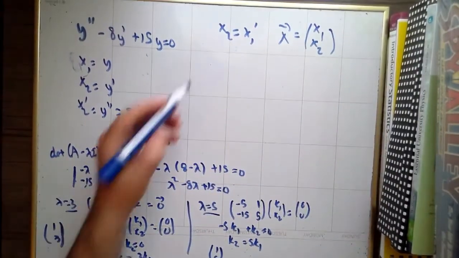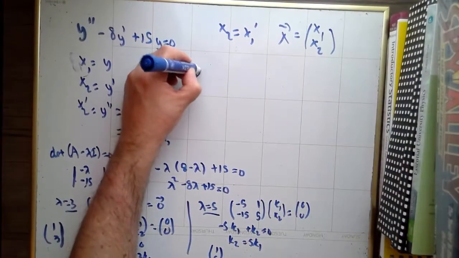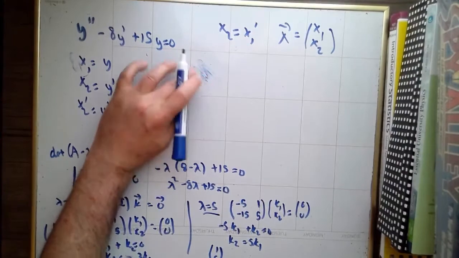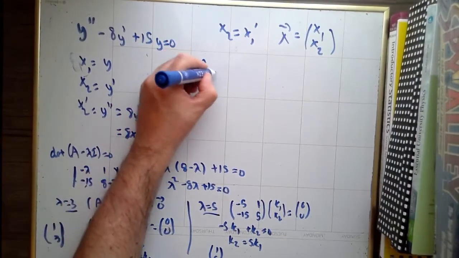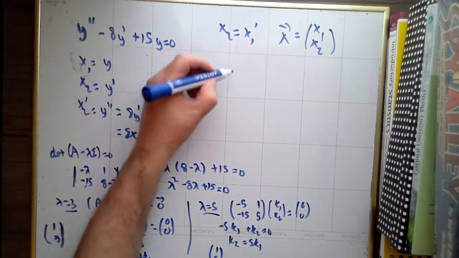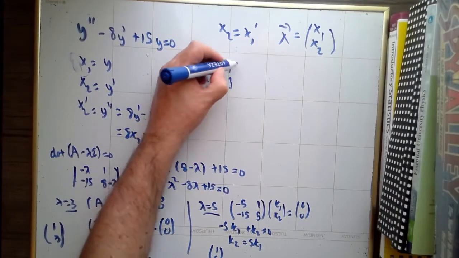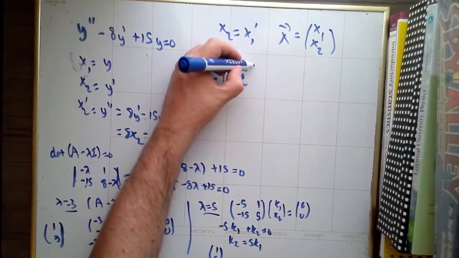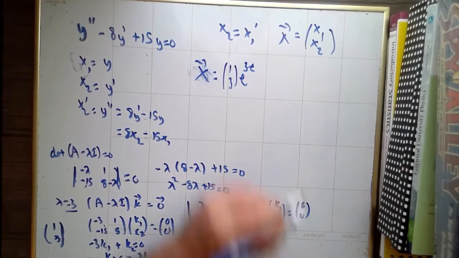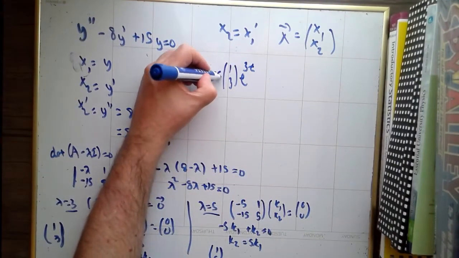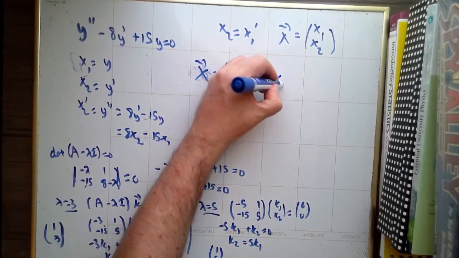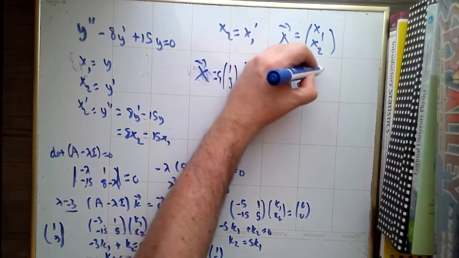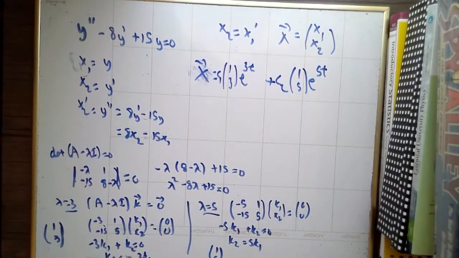My solution then will be y equals, or the x vector, equals c1 times 1, 3 e to the 3t, plus c2, the second eigenvector, 1, 5, e to the 5t.